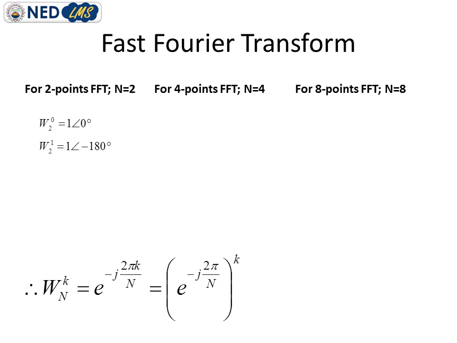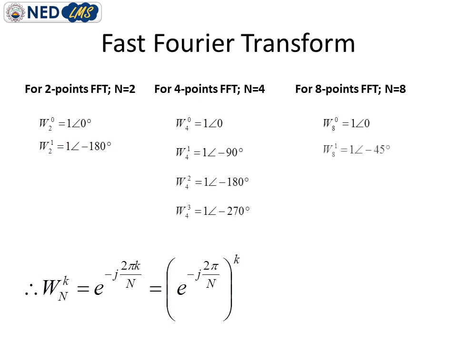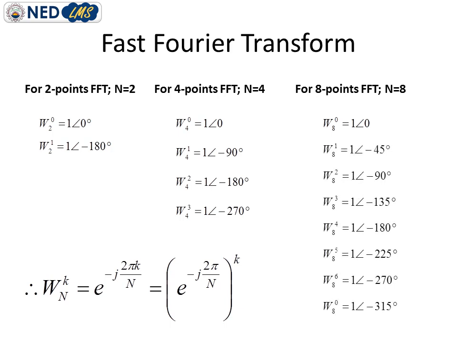Similarly for 4-point DFT, we have to calculate 4 values, W40, W41, W42 and W43. And if we are calculating 8-point DFT, then we have to calculate these 8 values including the 0th value. So these W values will be used in the butterfly structure. First of all we have to calculate these values, then we will use them in computation of the butterfly diagram, which is in a later slide.